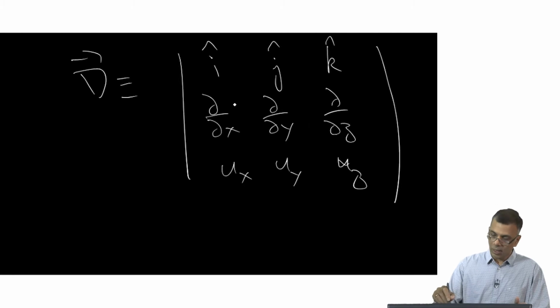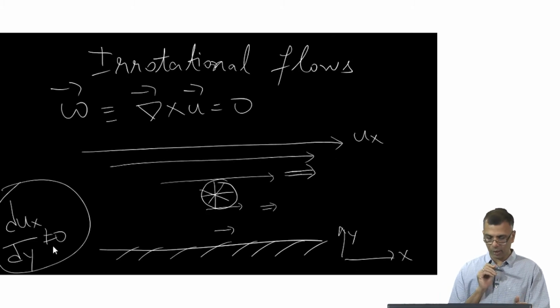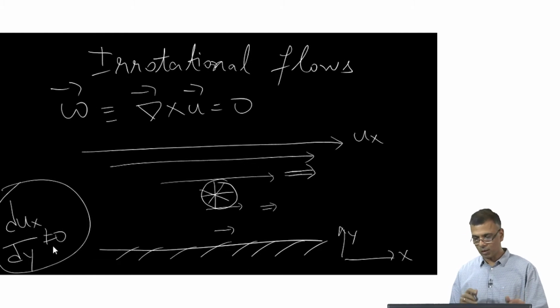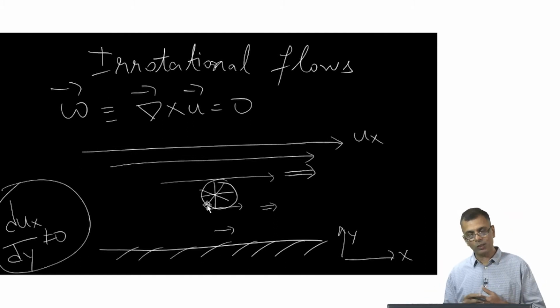So only when you have these cross terms, d over dx of uy or d over dy of ux, and these cross terms are non-zero, do you have a curl that's non-zero. If that is not so, then the flow is irrotational and this paddle wheel will not rotate. And what is the situation where the paddle wheel will not rotate? It's one where the flow is irrotational, or there is really no gradient, no sticking between the layers, and the flow is effectively inviscid.